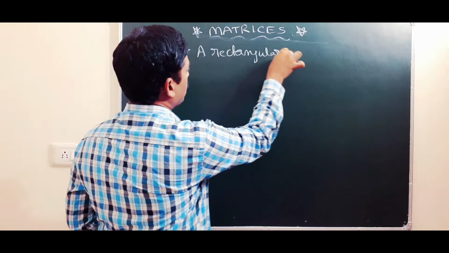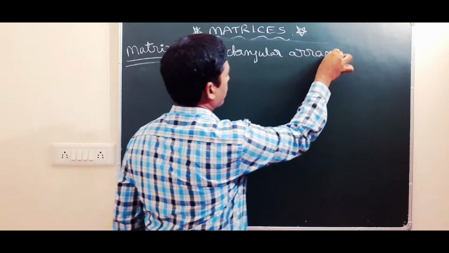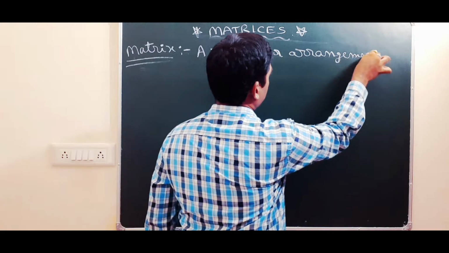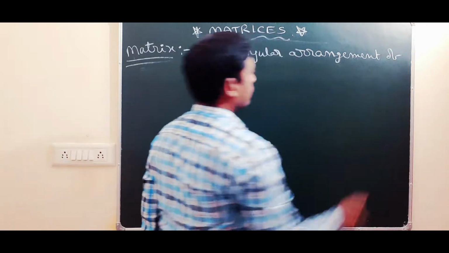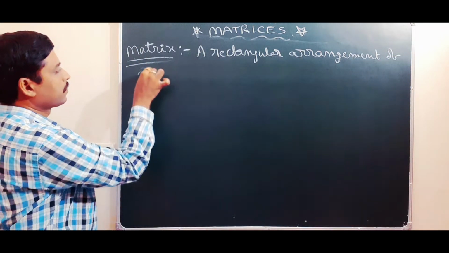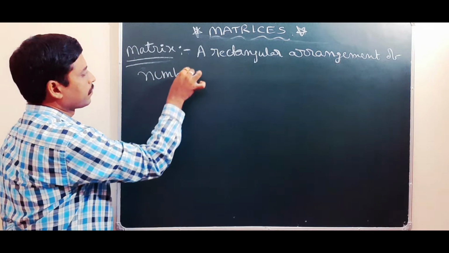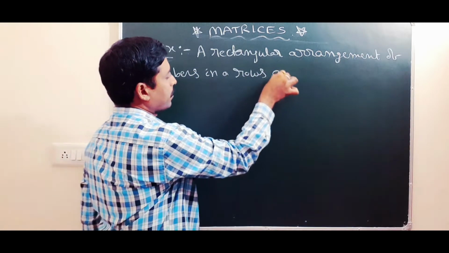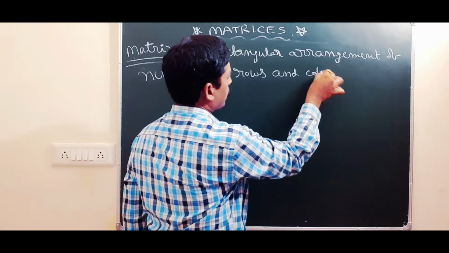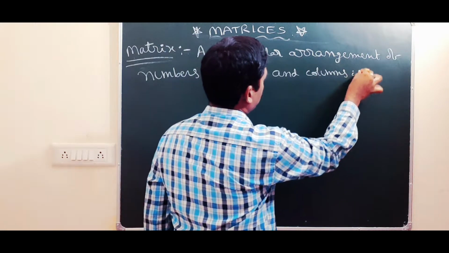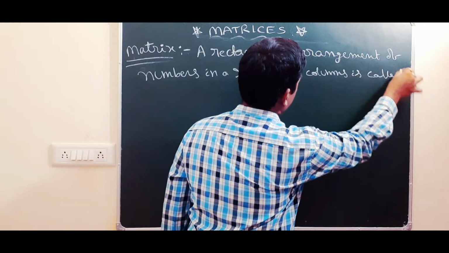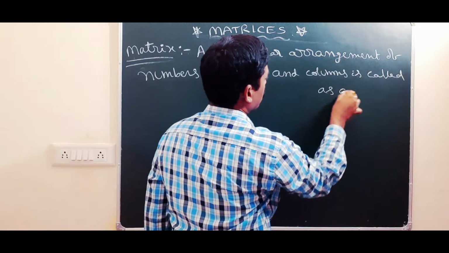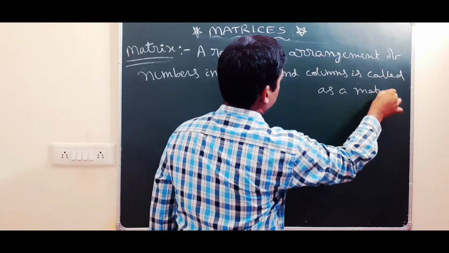A rectangular arrangement of numbers in rows and columns is called a matrix.